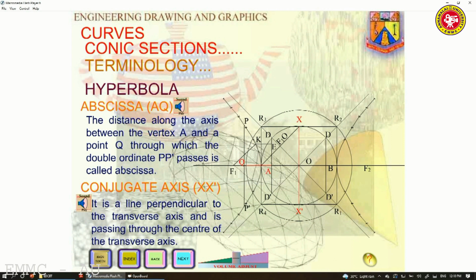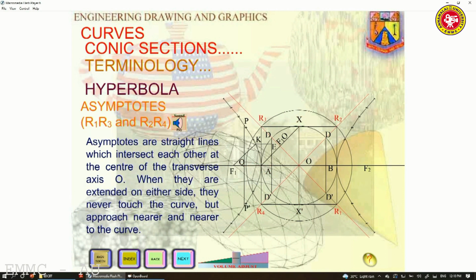From the midpoint, or center, if you draw a vertical line, that line is called the conjugate axis. Asymptotes are lines passing through the center that never touch the curve; that is called asymptotes.